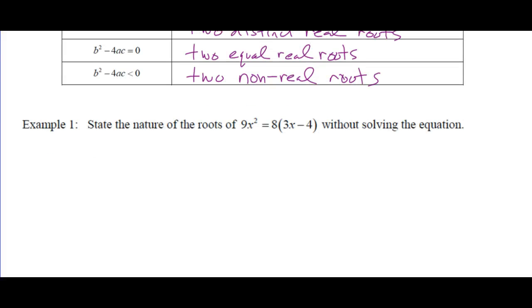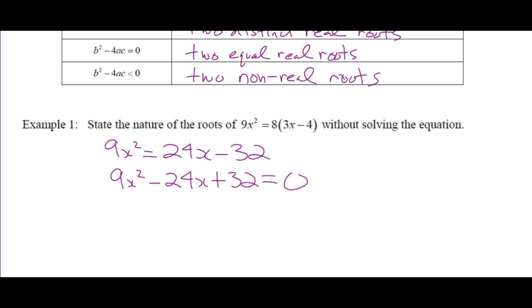Okay, so what do we do? State the nature of the roots. Well, we're going to have to write this in the form ax squared plus bx plus c equals 0. None of this works unless we're in that form. So we've got 9x squared is equal to 24x minus 32. But that's got to be equal to 0, so it's 9x squared minus 24x plus 32 is equal to 0.